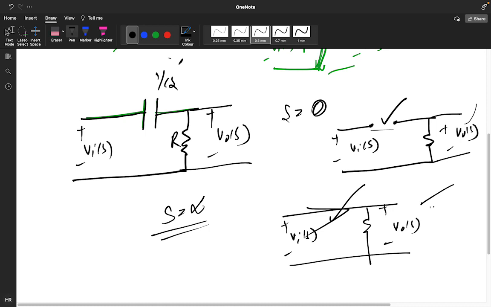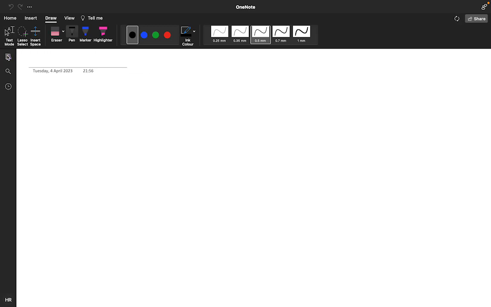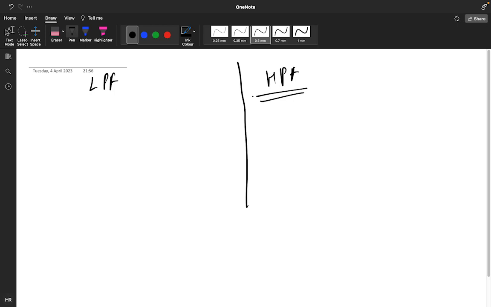Okay, I will tell you one thing. This is your low pass filter, and this is your high pass filter. We are talking about passive filters. For the low pass filter, the transfer function we got is 1 upon 1 plus RC s.